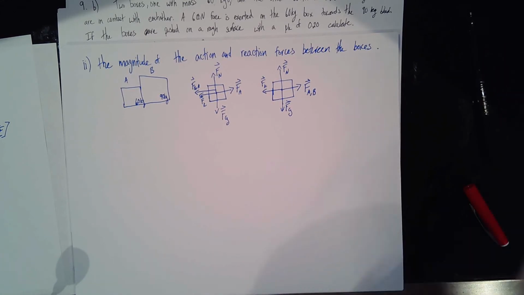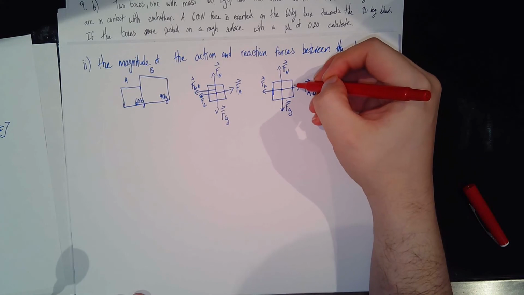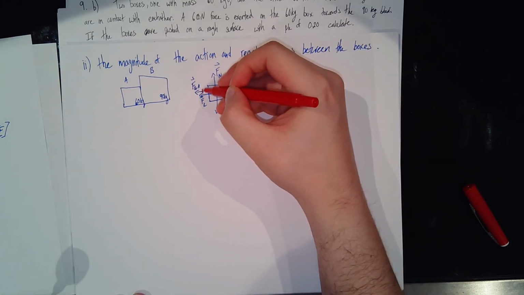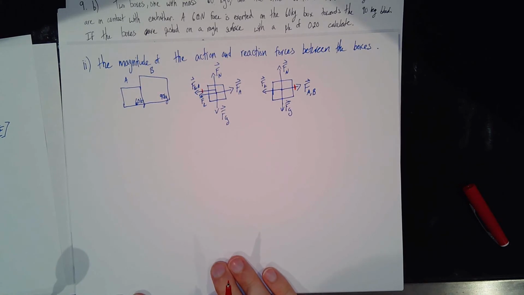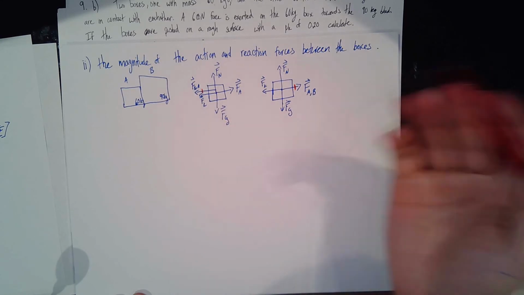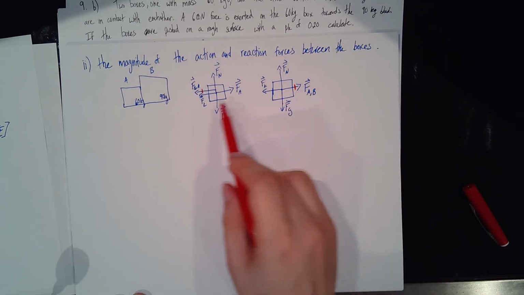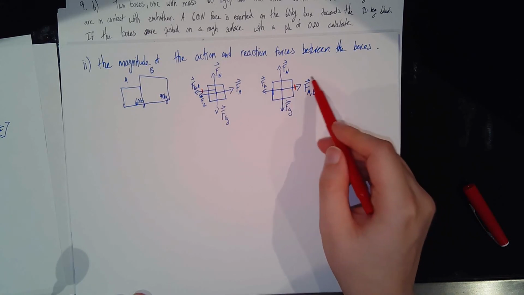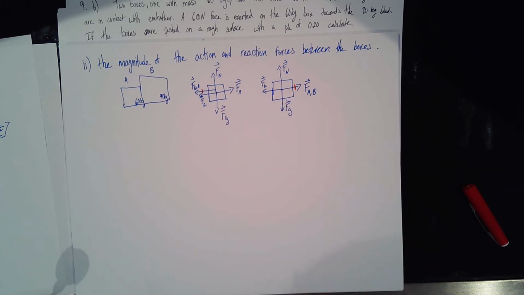And so, due to Newton's third law, we know that the force that A puts on B is the exact same as the force that B puts on A. Right? They're equal and opposite forces. Okay? And so now what we're going to do is look at either of these two situations in order to calculate this force AB, or this force BA.